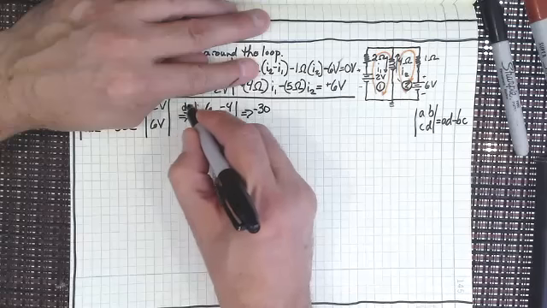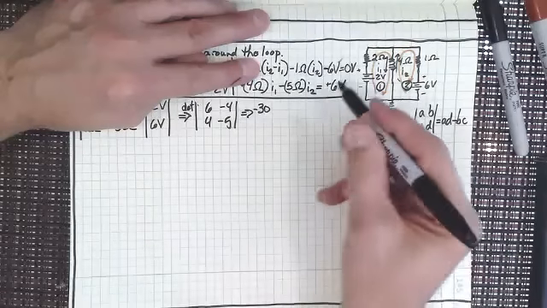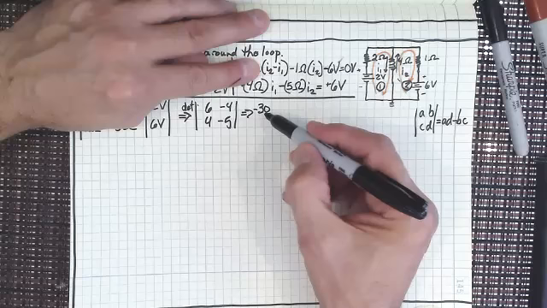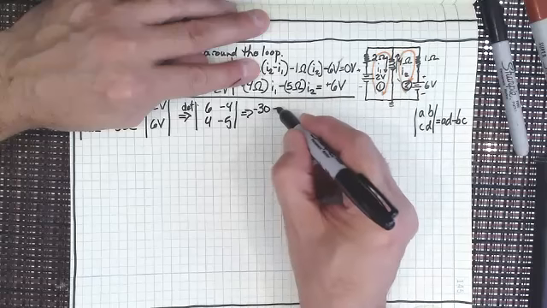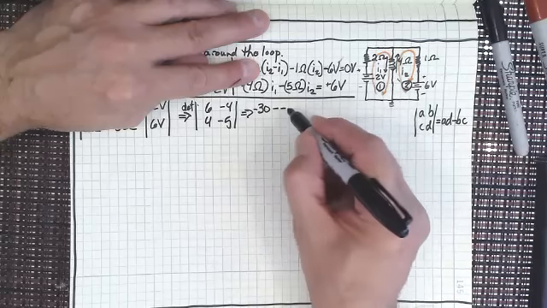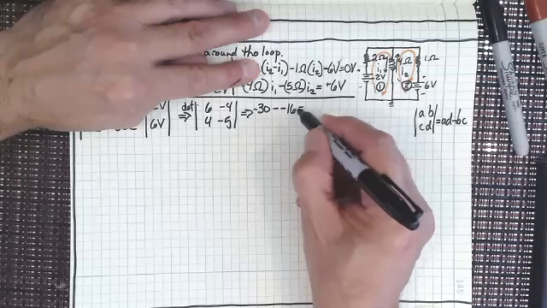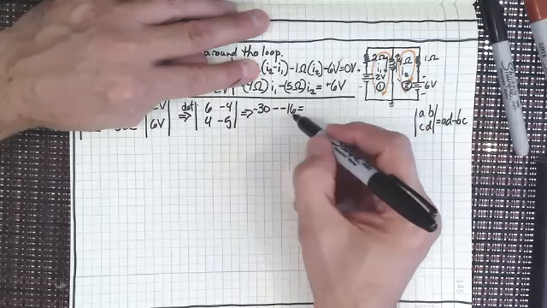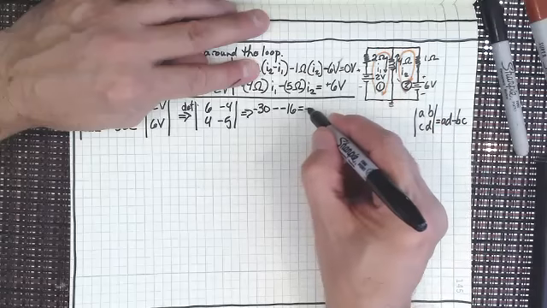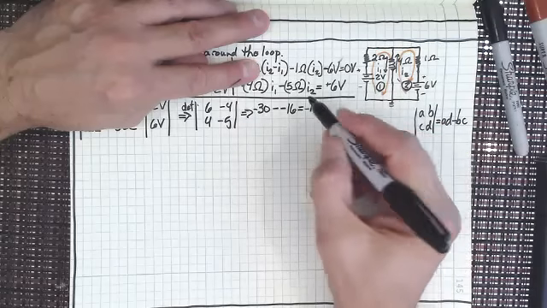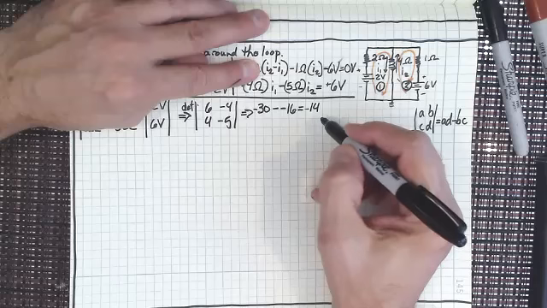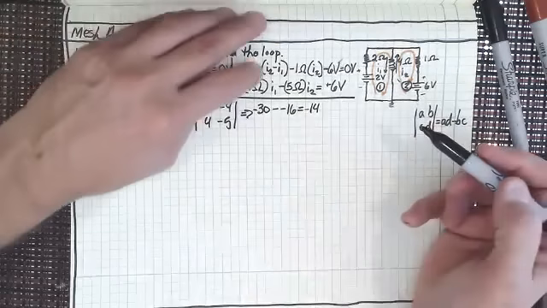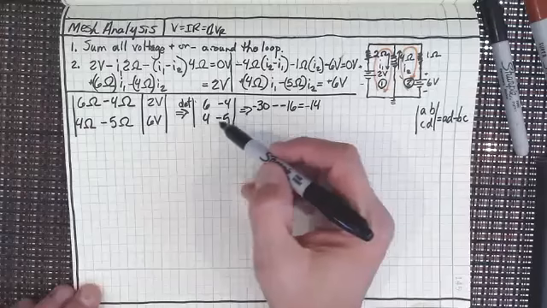I'm finding the determinant of this 2x2 matrix. So minus 30 minus a minus 16, so minus 30 plus 16 gives me minus 14. Okay, so we know the determinant of that equals that.